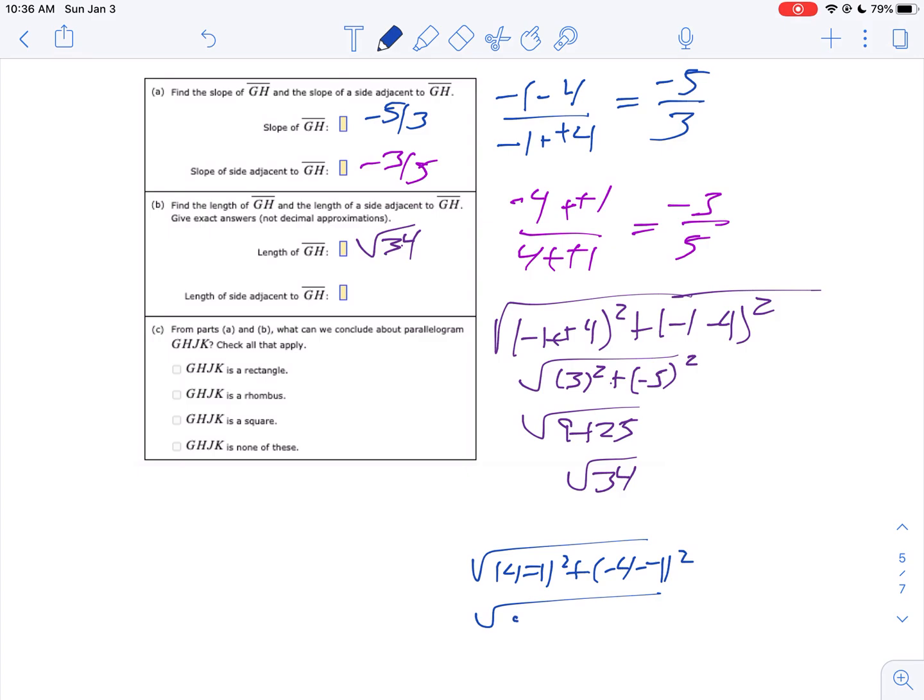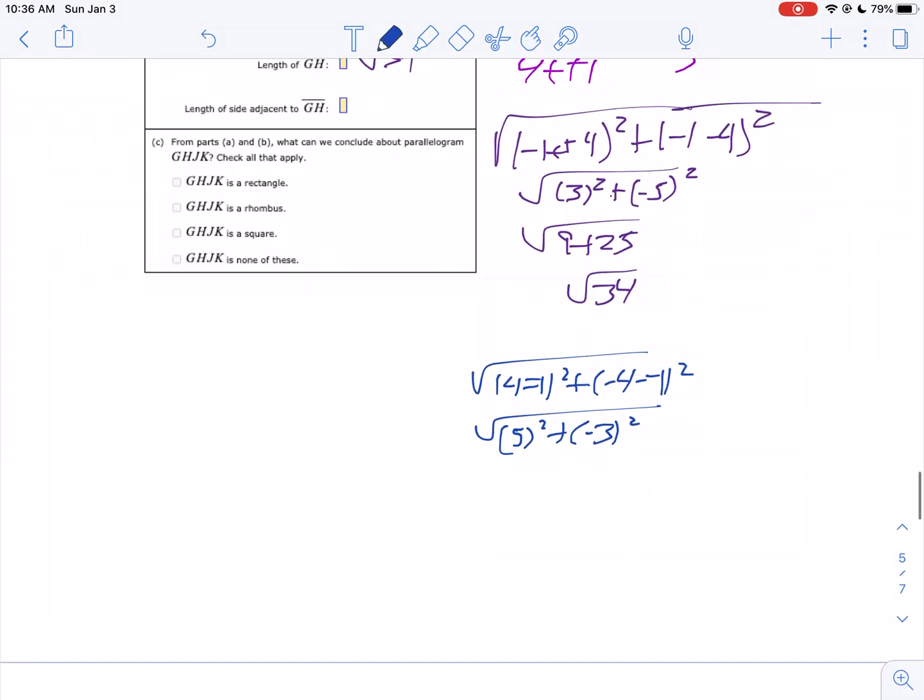Well, that'll be 5 squared plus negative 3 squared, which is 25 plus 9, which is the square root of 34.